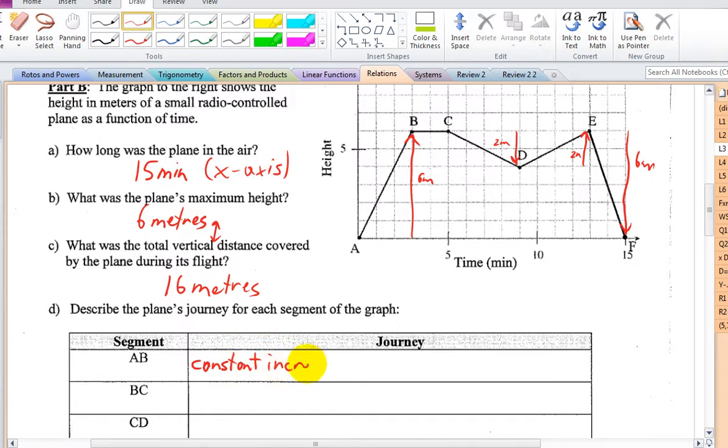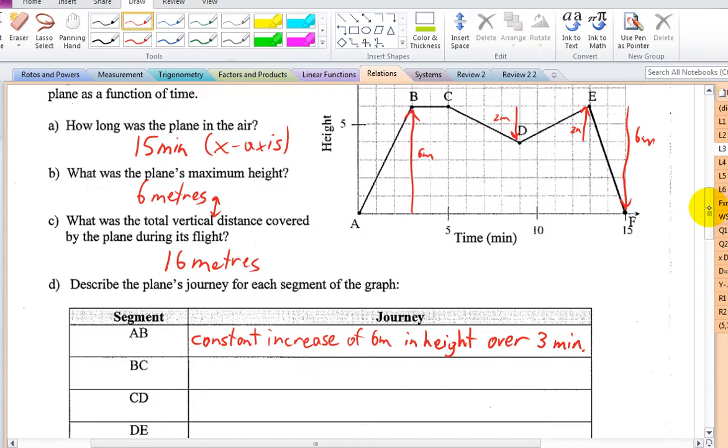Increase of 6 meters in height over how many minutes? 3 minutes. Okay. So I have constant, I have increase in height, and I also have the numbers and how long it took. Okay. Well, from B to C, what happens there?